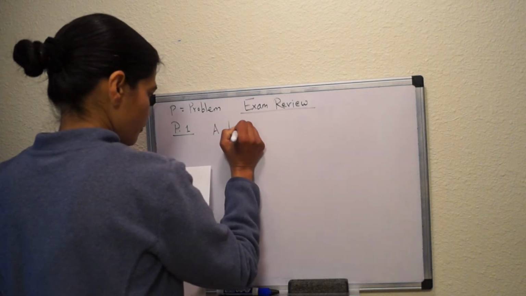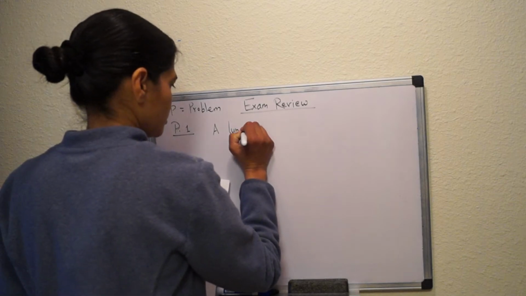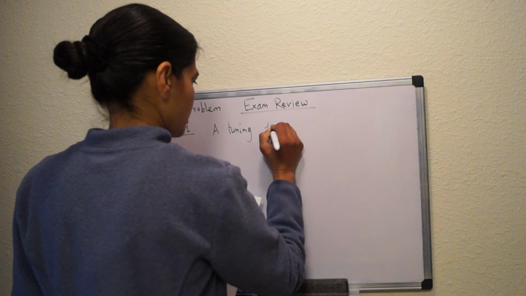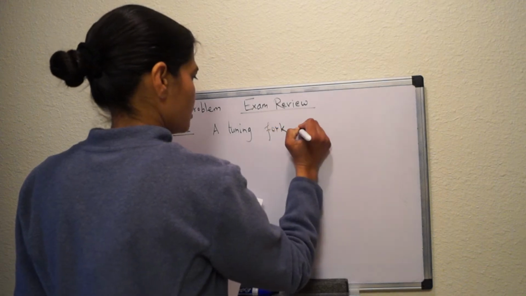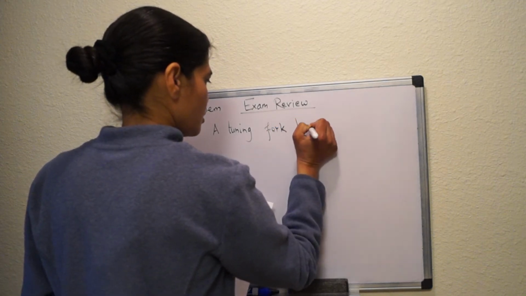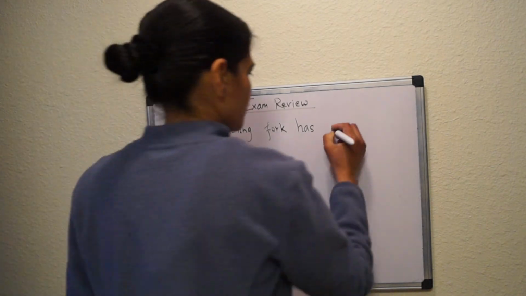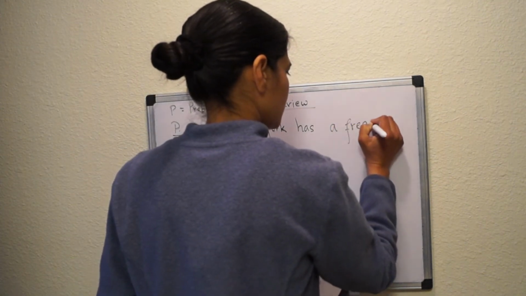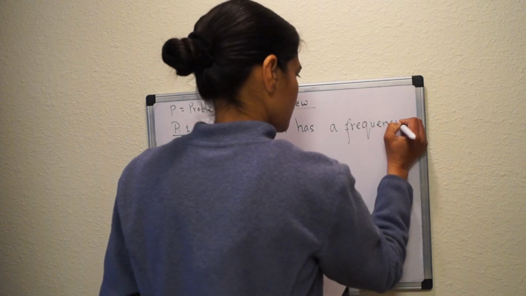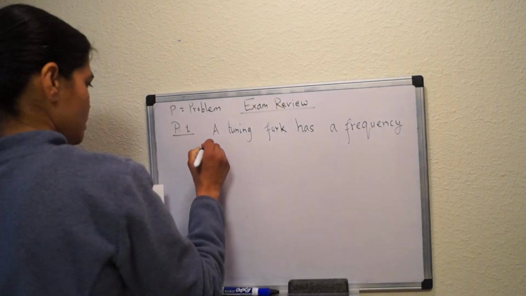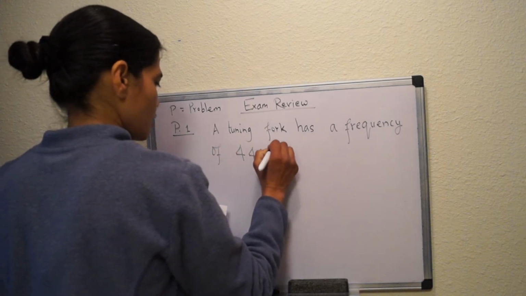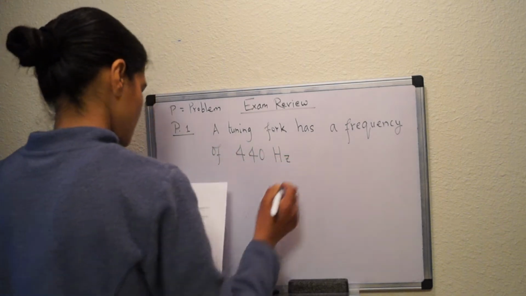A tuning fork has a frequency of 440 hertz.